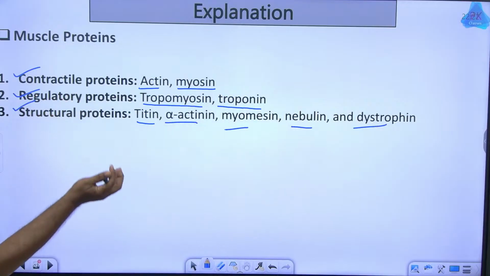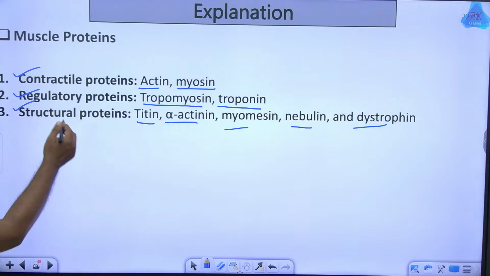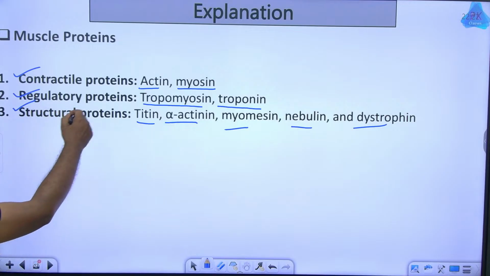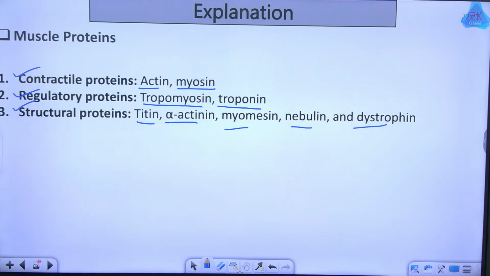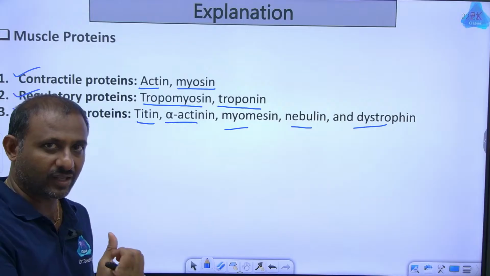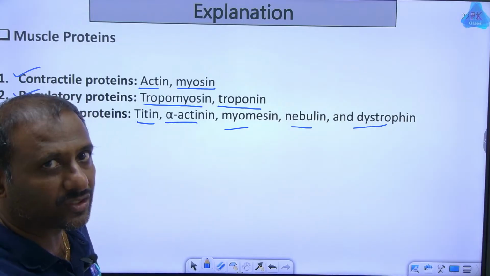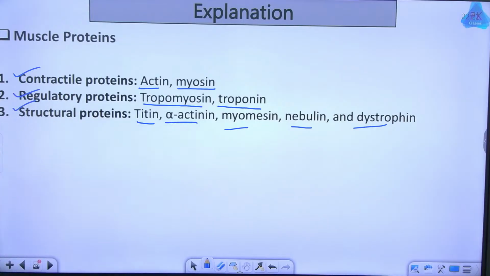Contractile proteins are helpful for the contraction of the muscle, whereas regulatory proteins regulate the contractile proteins, whereas structural proteins will give the structure and support to the muscle. ठीक है?